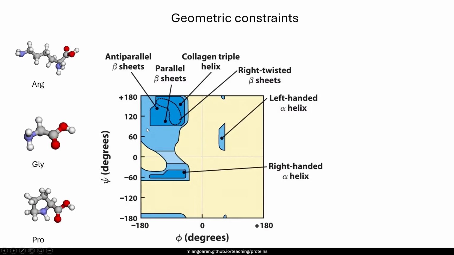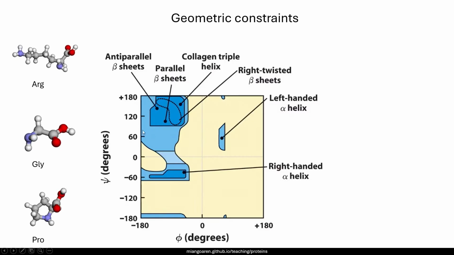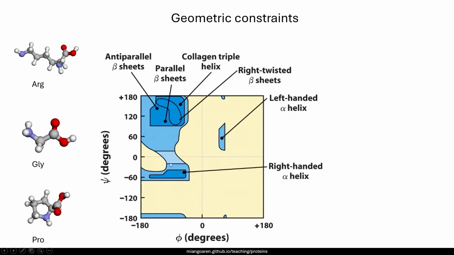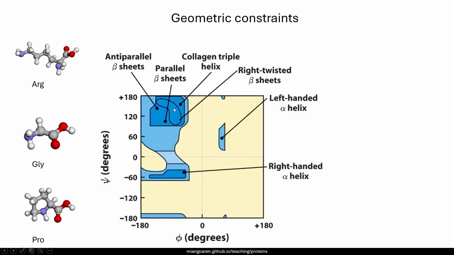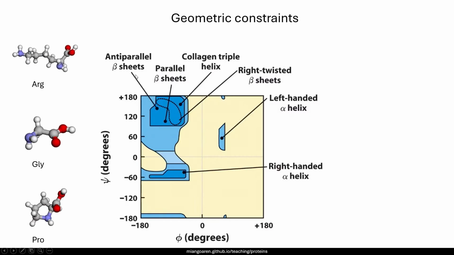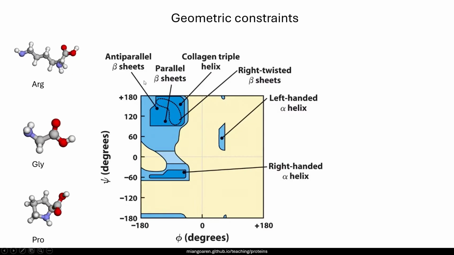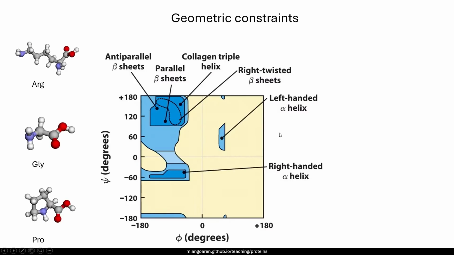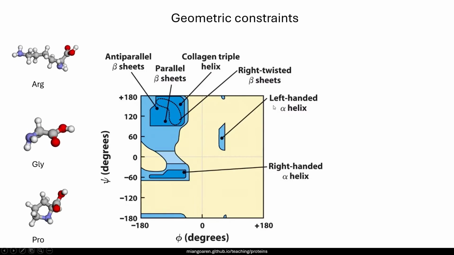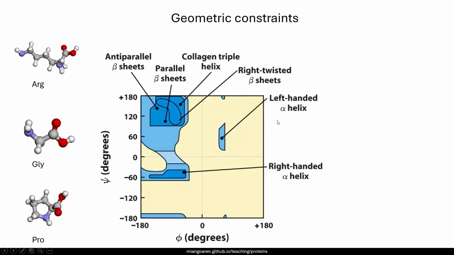For example, these combinations of phi and psi around these particular degrees are usually associated with a beta sheet configuration. Or this other region here is usually associated with the alpha helix from before.